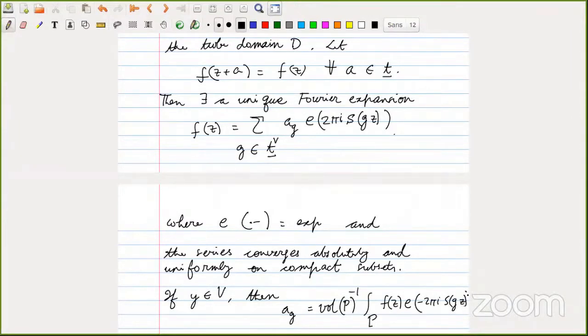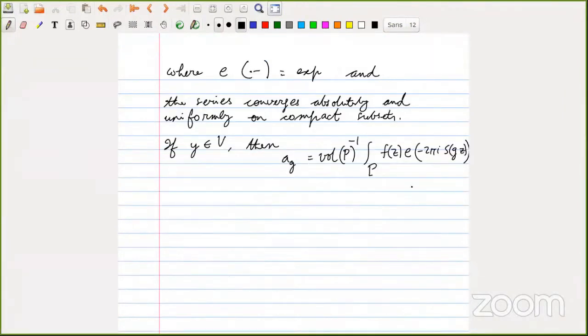And then dx here, where dx equals dx1, dx2, up to dxn. What are these xi's? The xi's come from the zi's: zi equals xi plus i times yi.